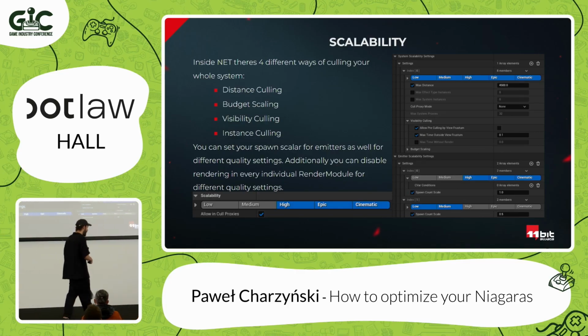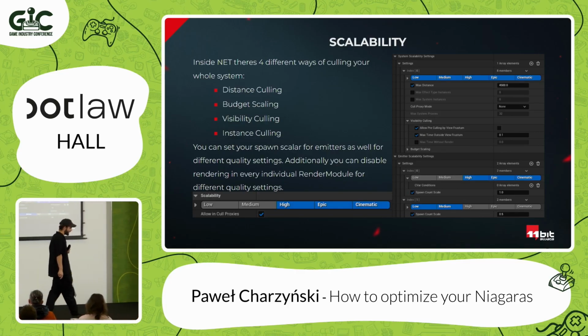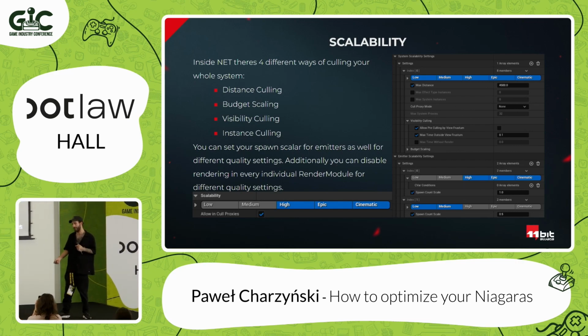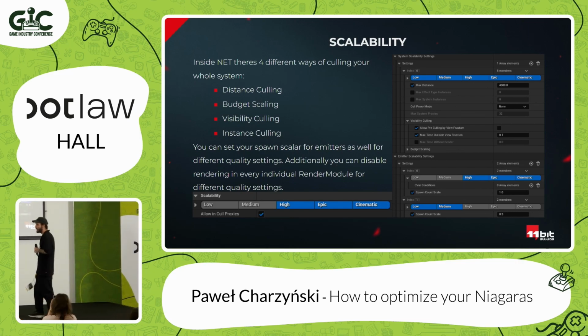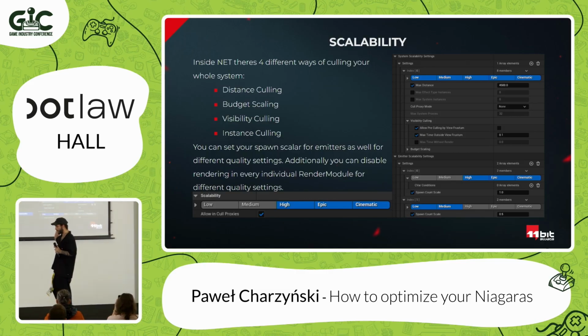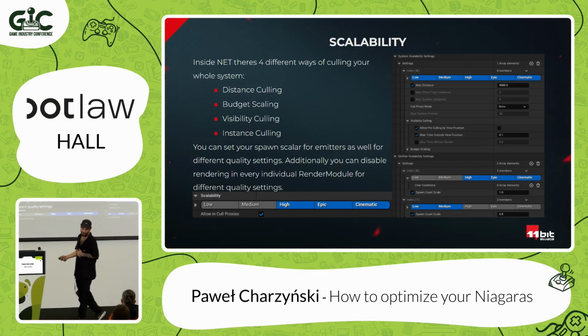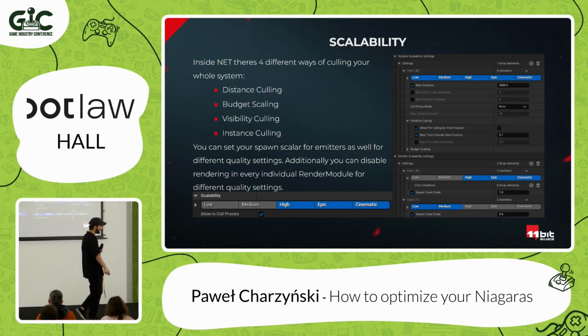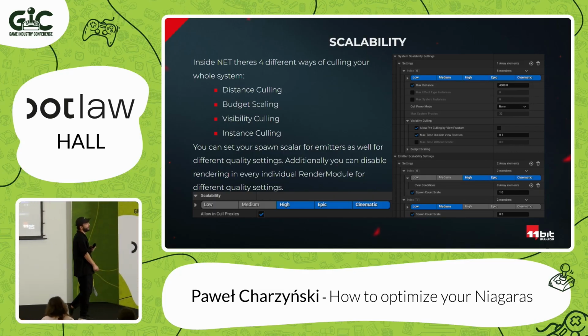Budget scaling is the thing that your TechArt lead will set up probably. If we cross some budget, then we can't spawn this Niagara system. Visibility culling: if the camera doesn't see this thing, then we don't want to render it.